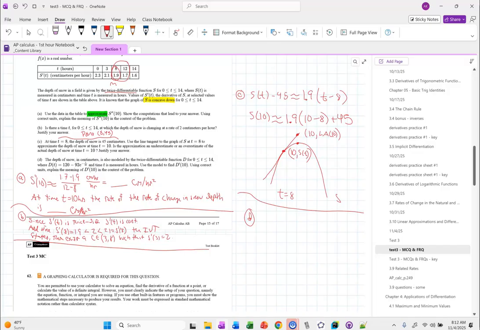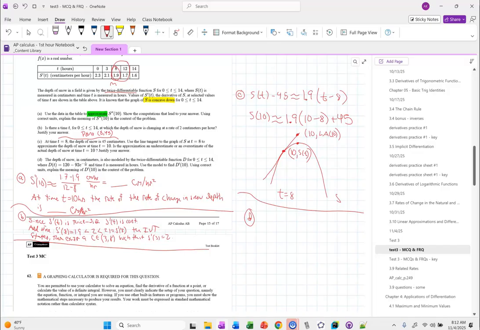Use the model to find d prime of 10 using correct units. Explain the meaning of d prime of 10 in the context of this problem. So again, kind of three things to do there, right? We have to find the value for d prime of 10. We have to give the correct unit and then explain what that means in the context of the problem.